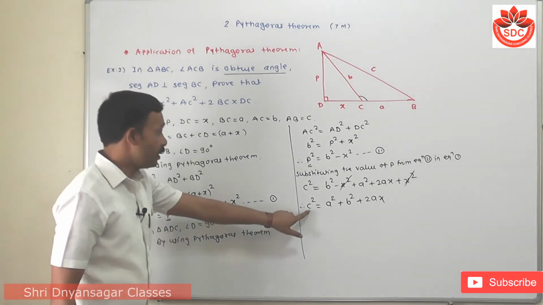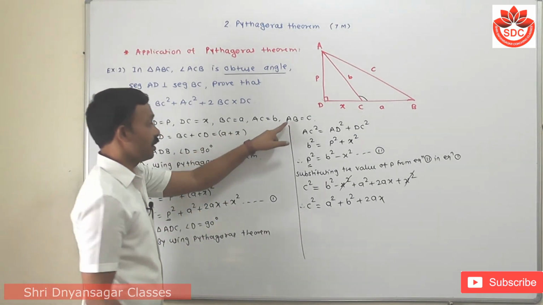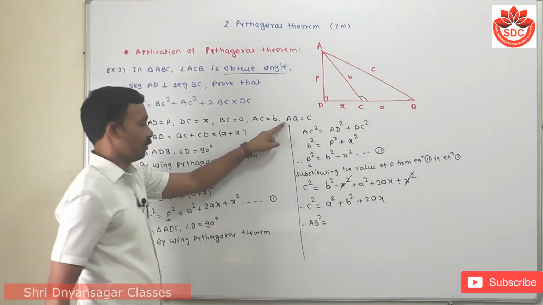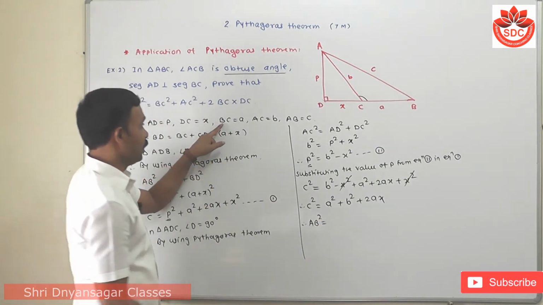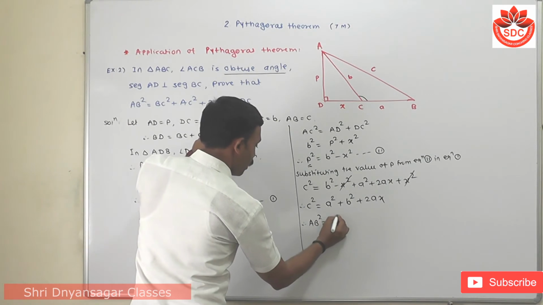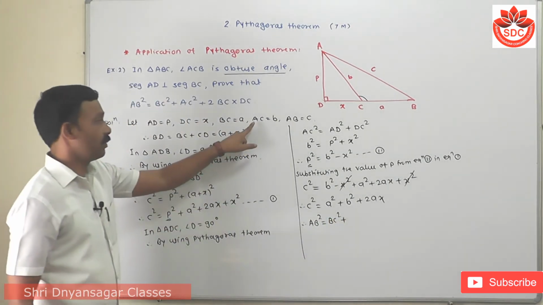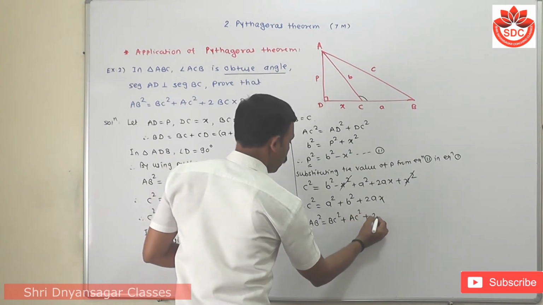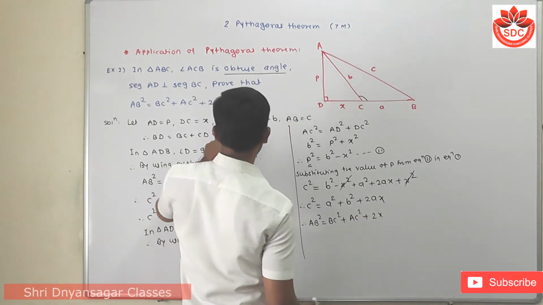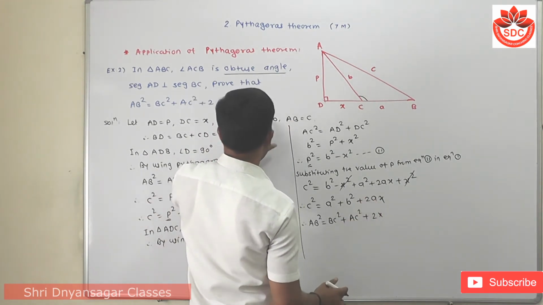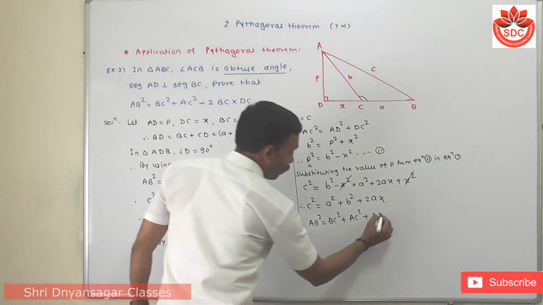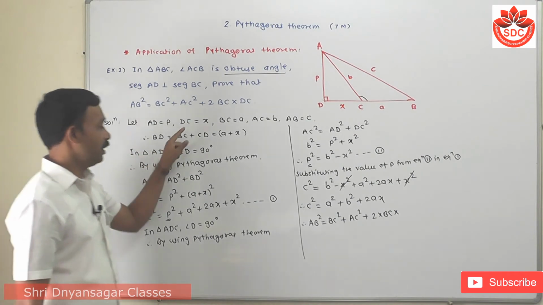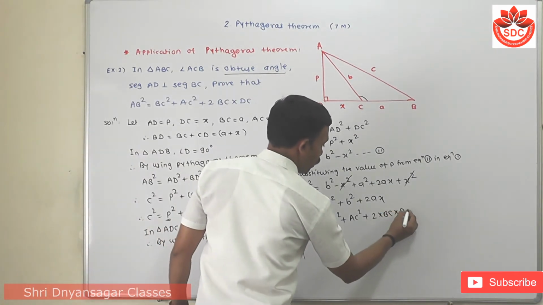Again we resubstitute the values of A, B, C here. Then we get that C is AB, so AB square is equal to A square, which means BC square, plus B square, which means AC square, plus 2 into the value of A, which is BC, into X, which is DC.